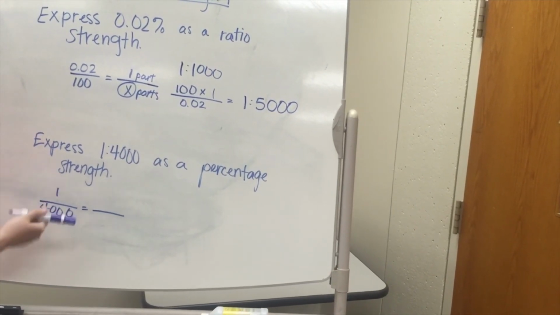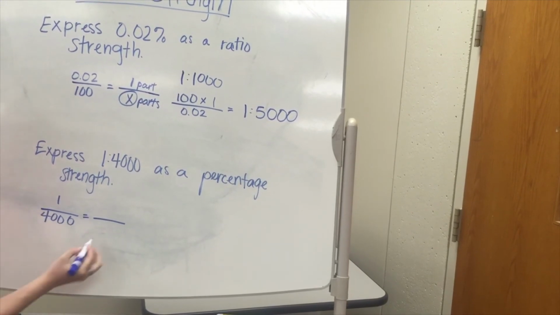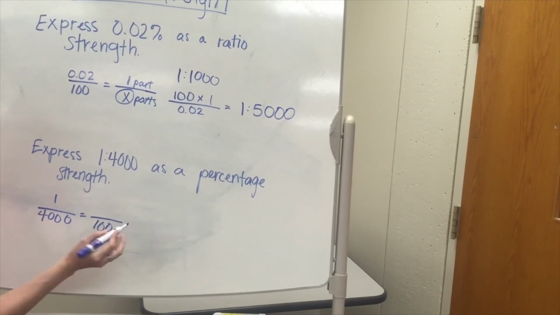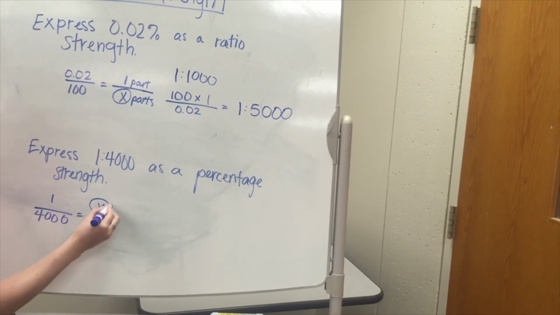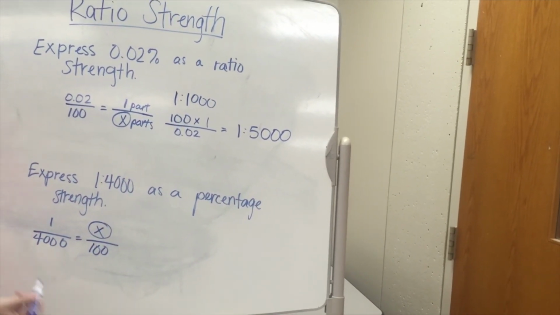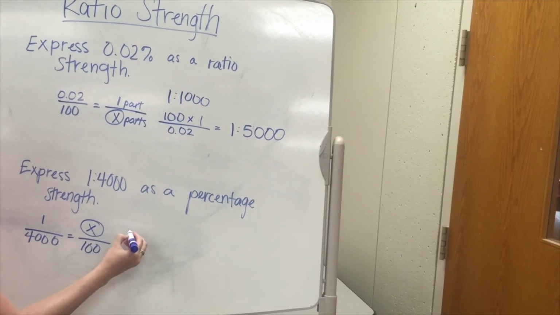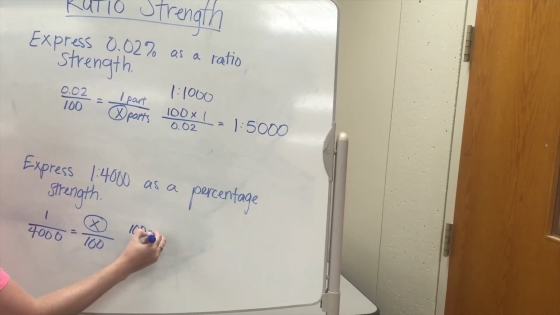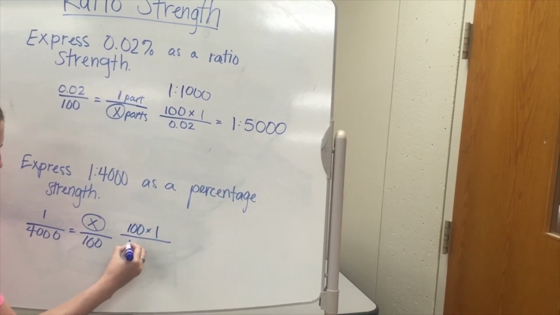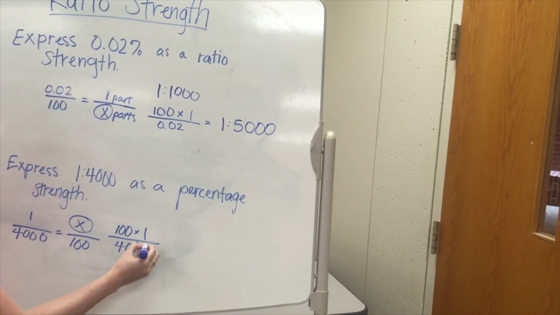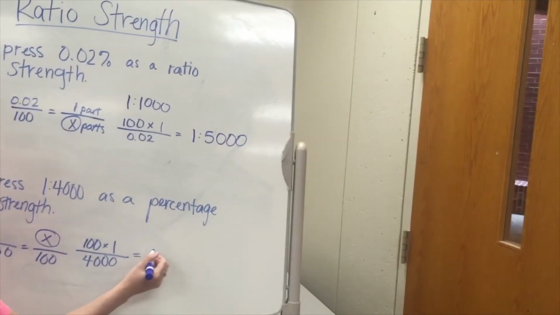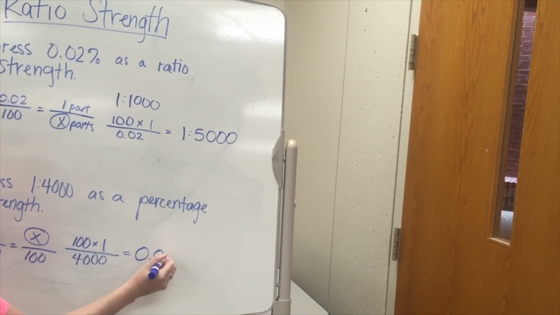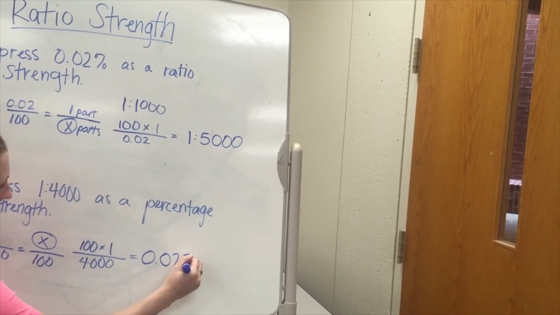Now, we know that the bottom number of our percentage is always going to be 100. So now what we're looking for is X. Again, cross multiplying, we're going to have 100 times 1 over 4,000. And our final percentage strength is going to be 0.025%.